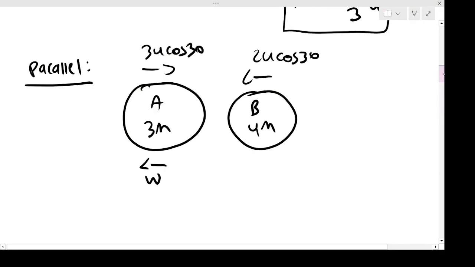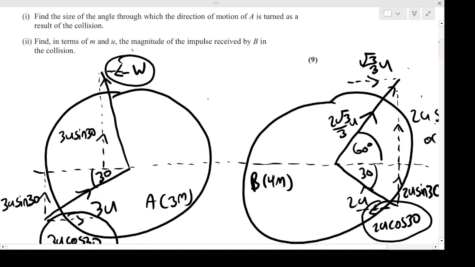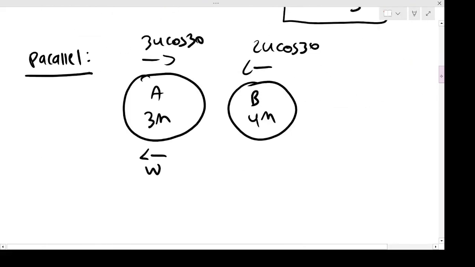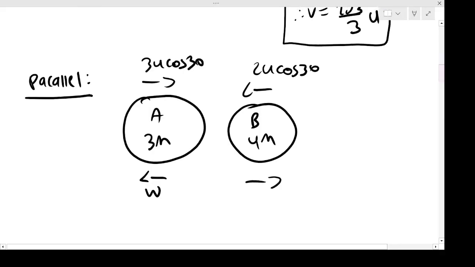Then afterwards, as we just worked out, because we've got the information with the angles and such, we could tell it's going to move forwards in the parallel direction of root 3 over 3u. Okay. And so there we are.